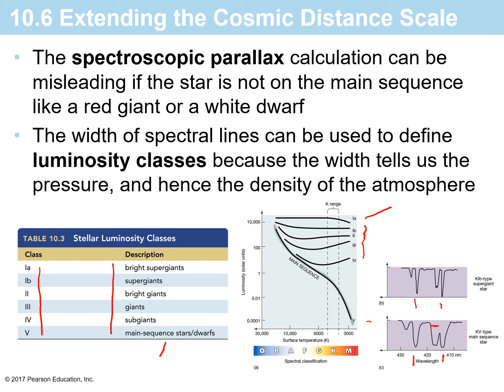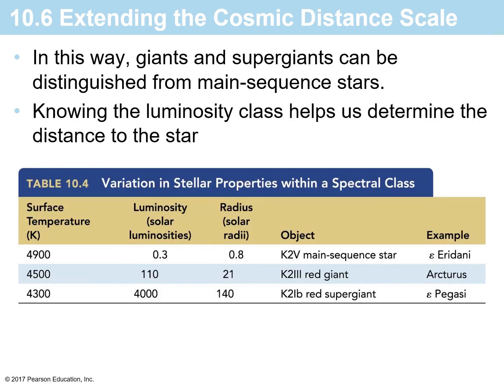So those are our luminosity classes, and this is where they show up on the HR diagram. So in this way, giants and supergiants can be distinguished from main sequence stars. So knowing the luminosity class helps us determine the distance to the star, as we said.